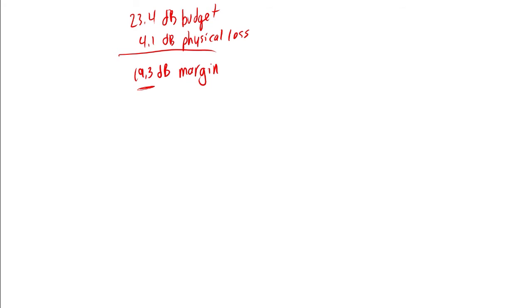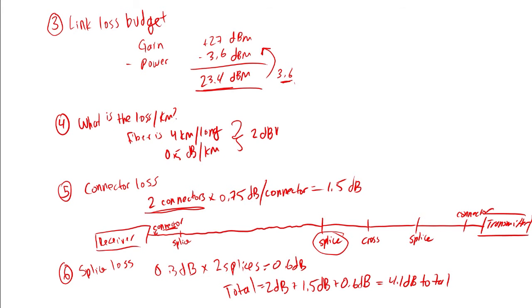Now, if you design a fiber and it turns out that your loss is much higher than your budget, then you're screwed. So you have to go back and think about the type of transmitter that you're using, and the type of receiver that you're using, and buy something more powerful.